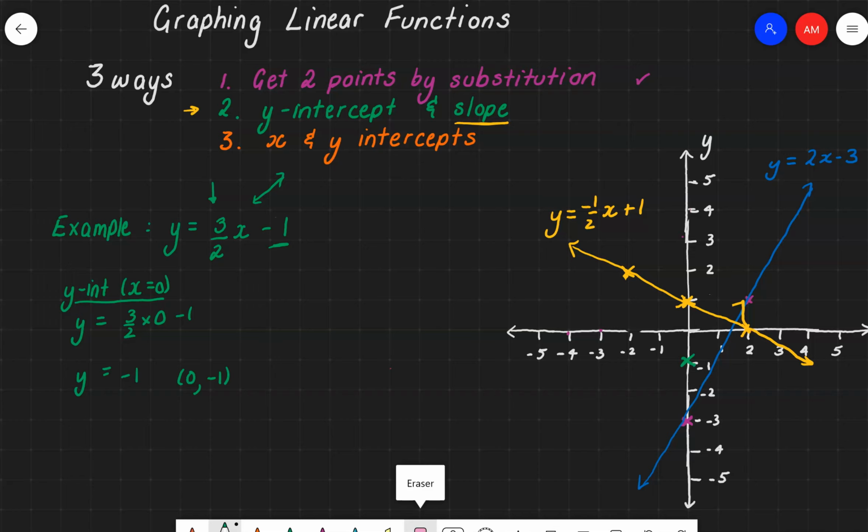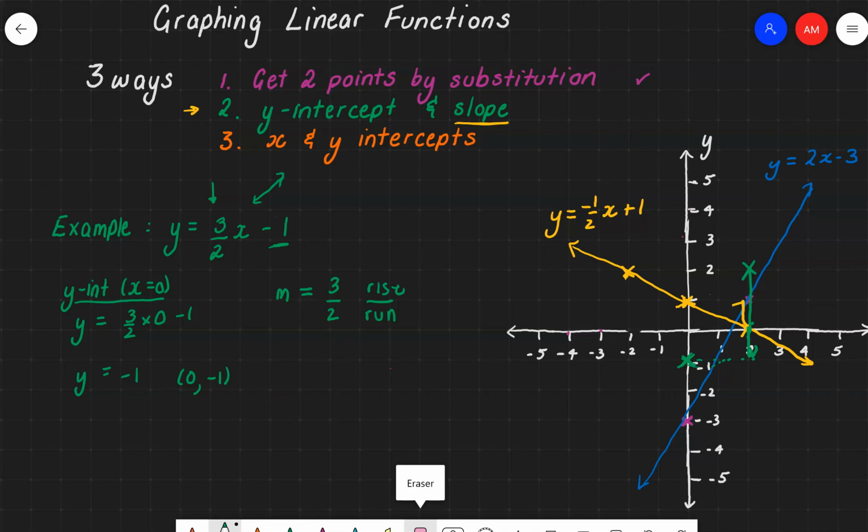All right, so now we look at our slope. My slope is the thing in front of the x there, 3 over 2. So we take the y-intercept that we have here, and remember this is our run and this is our rise. So we're running 1, 2, and then we're going to rise 1, 2, 3, and then we put the cross there.